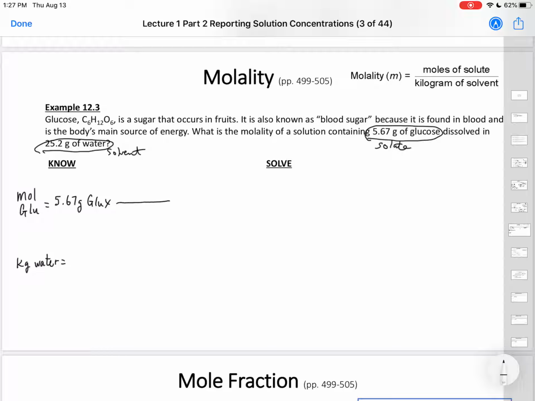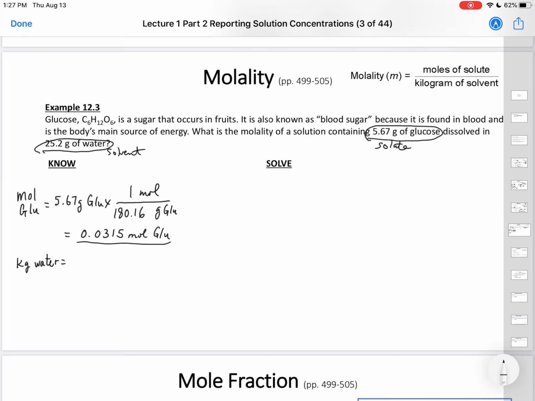To convert from grams to moles is again the molar mass. So it's going to be grams of glucose to moles of glucose, and the molar mass of glucose is 180.16. If you do the calculation, this comes out to 0.0315 moles of glucose.